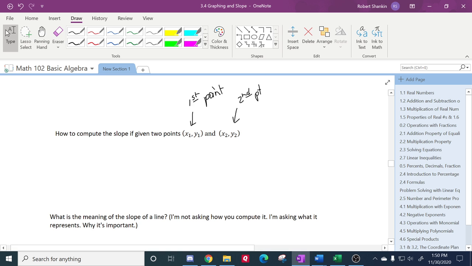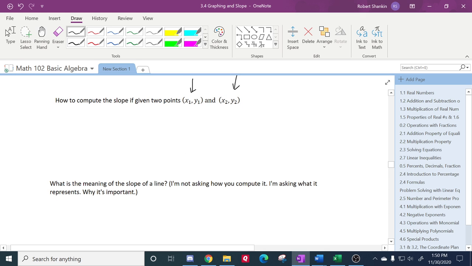All right. What they both have in common is the word rate. And a really common phrase for slope is the rate of change.